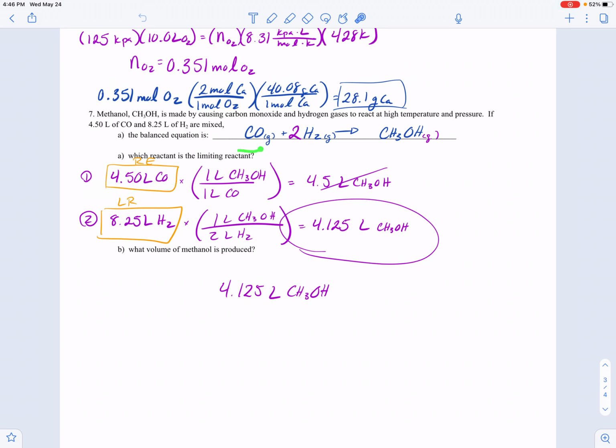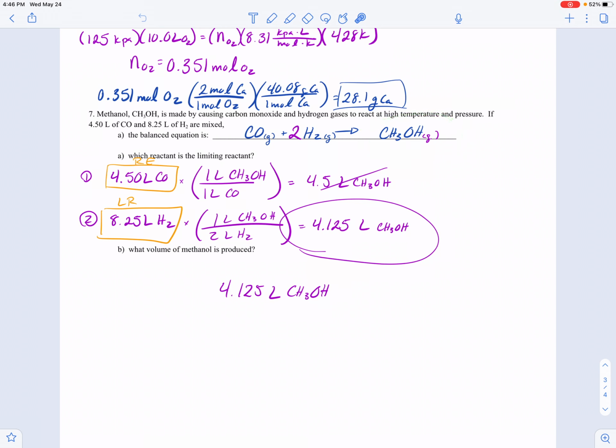And what I did was I did my balanced chemical equation beforehand. So carbon monoxide is CO, hydrogen gas reacts with it and creates methanol. And then I balanced my hydrogens. And then once I balanced my hydrogens, everything was balanced. So when I look at my balanced chemical equation, for every 1 mole of carbon monoxide, I also make 1 mole of methanol.